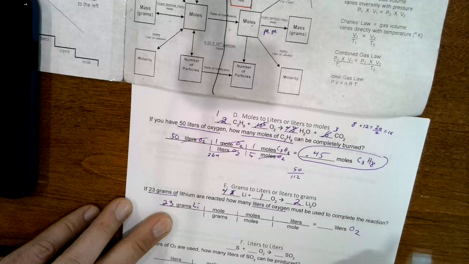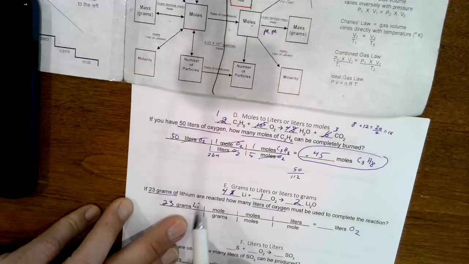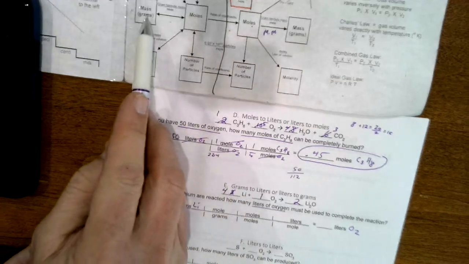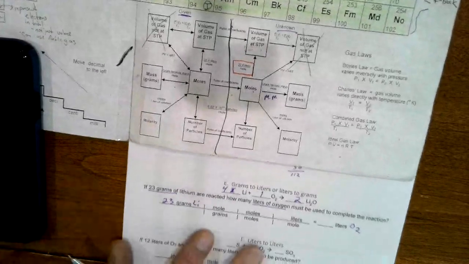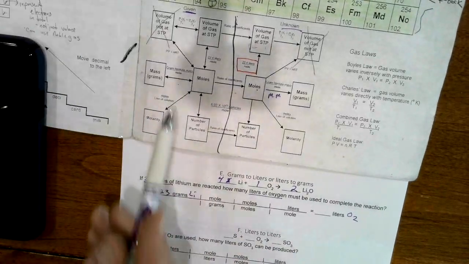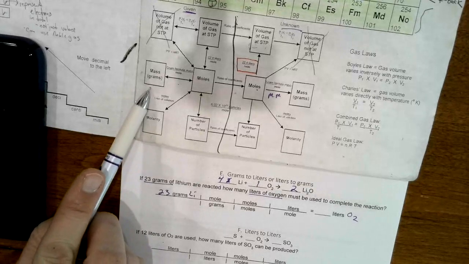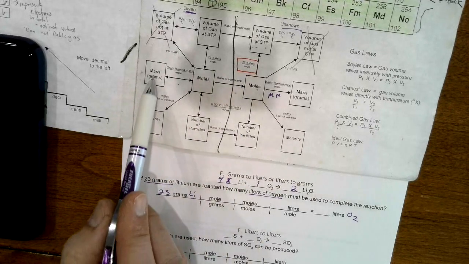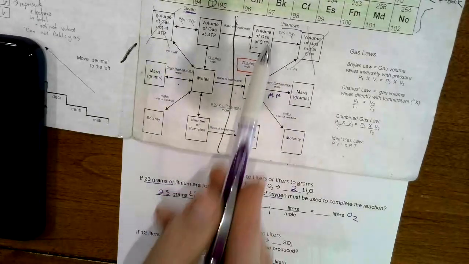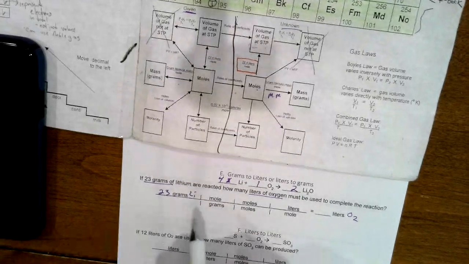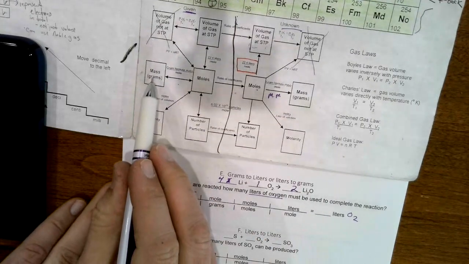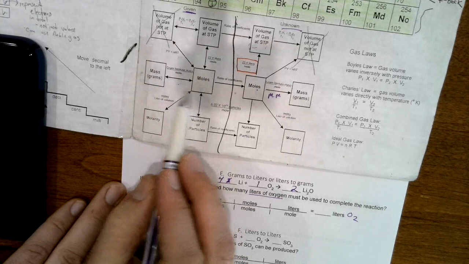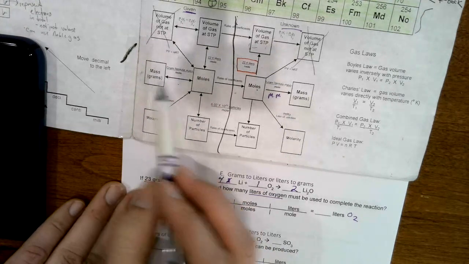So liters of O2. So now I'm going to go from grams. Let me bring this down a little bit so you can see it. I'm going to go from grams, and I've got to end up at liters. So I have to go from grams to moles to moles to liters. So to make that change from grams to moles, the first thing we have to do is find the molar mass of lithium.